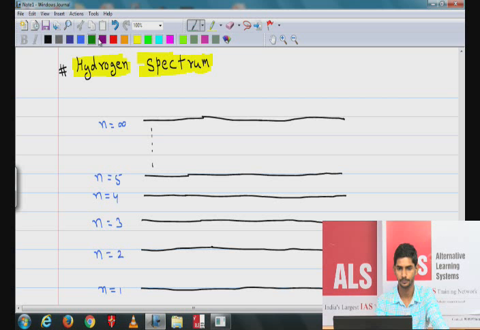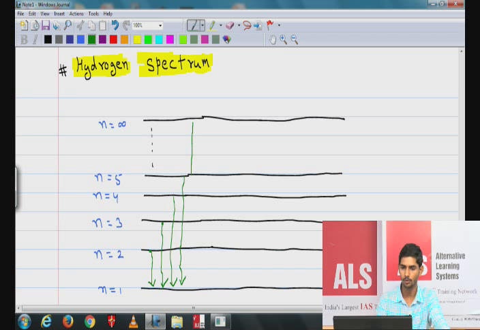See, what we are trying to do is, if the electron comes from the second orbit and finally jumps to the first one, if it comes from third and goes to first, if it comes from fourth but comes to first, if it comes from fifth but finally lands on the first, or we can say it comes from any other state, but finally lands on the first orbit.